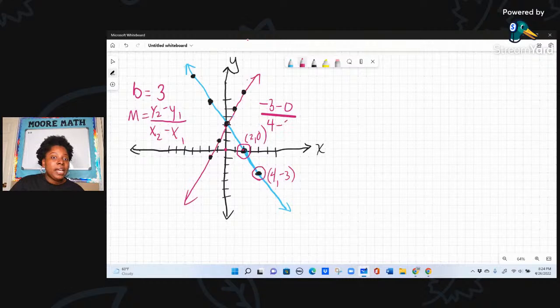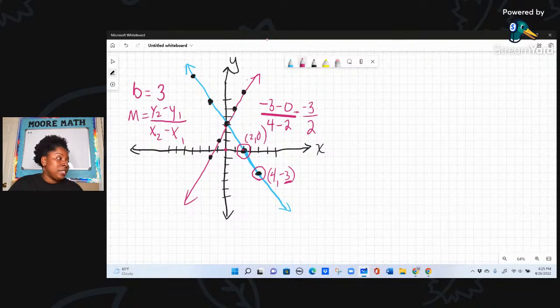Guys, please pay attention. You cannot do 2 minus 4. If you use negative 3 first, when you subtract your X, you have to do it in the same order. That 4 has to go first. So negative 3 minus 0 is negative 3. 4 minus 2 is 2.